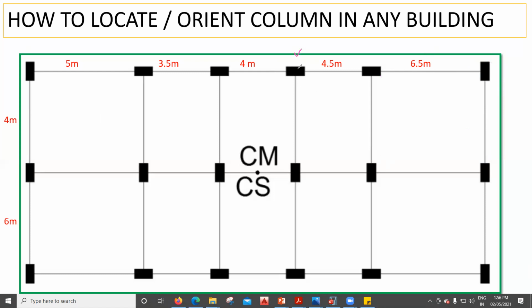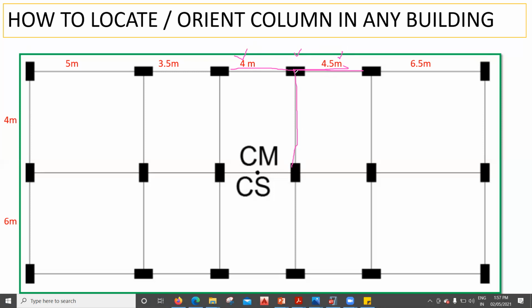Now you see here, we have one beam running here, another beam running here, and another beam running in this direction. How do you decide this? It's very simple. Since we have two beams running here, one is this 4.5 meter beam and another is the 4 meter beam here, right? Then what is the net moment acting here? 4.5 minus 4 is only 0.5.